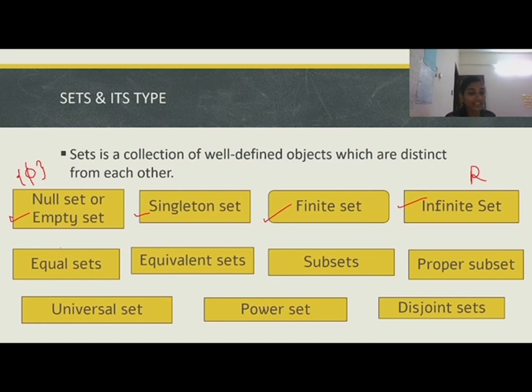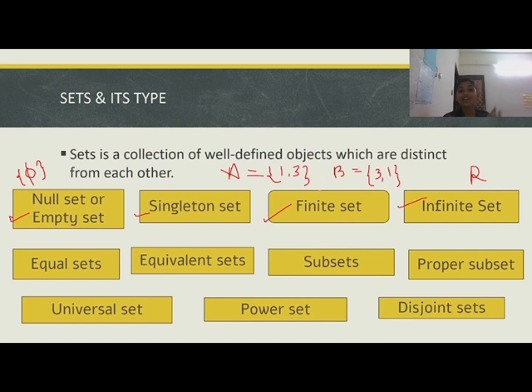Moving on, equal sets. I'll give an example for this. Let me take two sets: A, in which I take the elements 1 and 3. Take one more set B, in which I'll take the elements 3 and 1. So are these two sets equal?